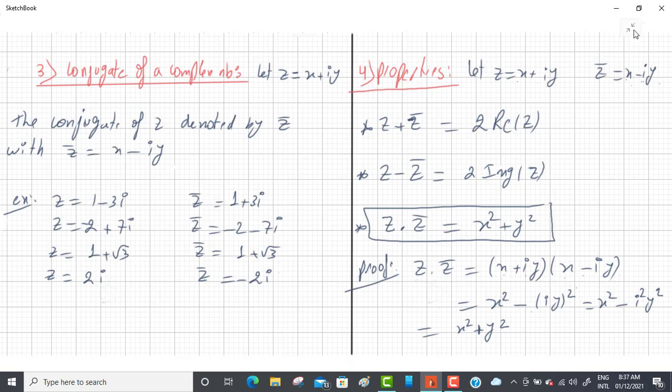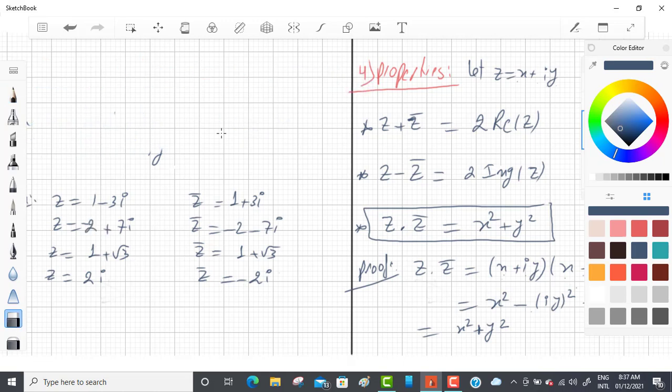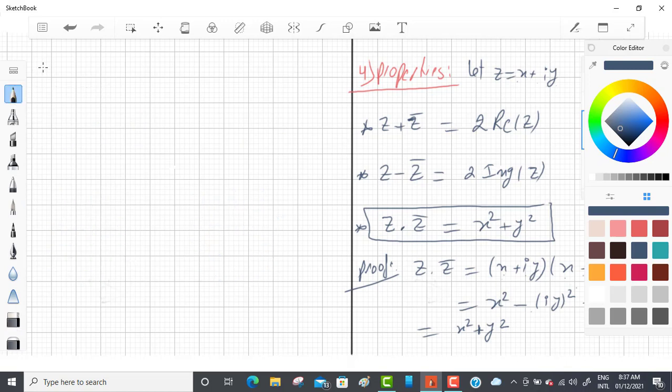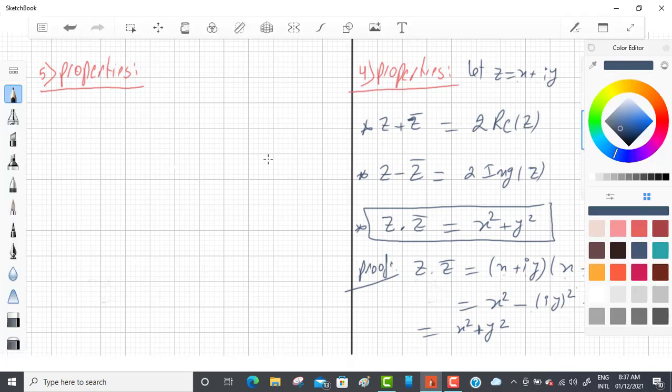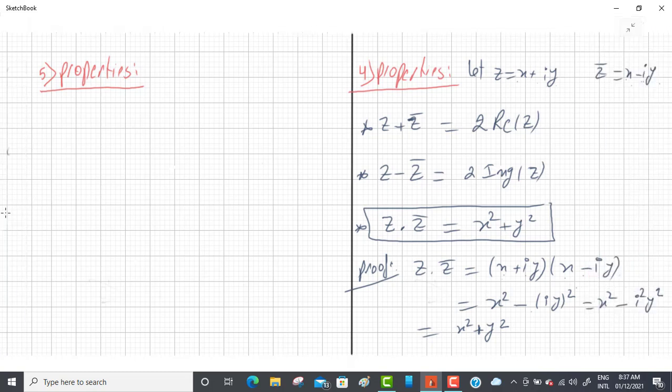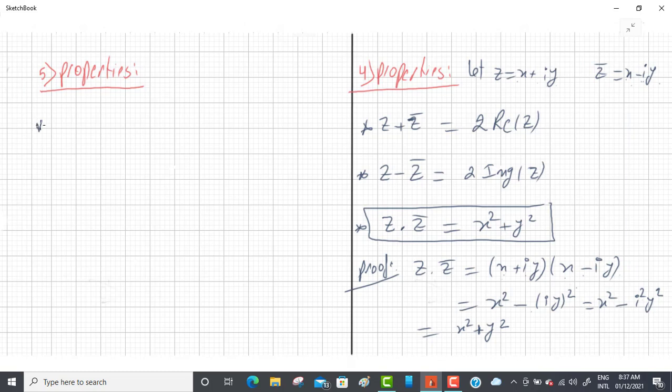Another property is about the conjugate. First property: the conjugate of z bar is z.